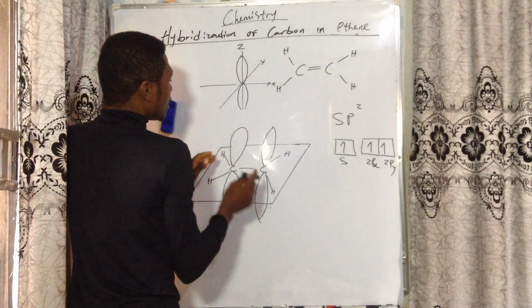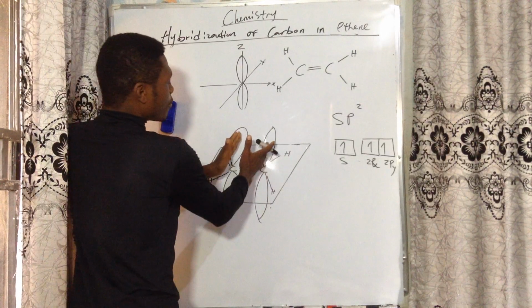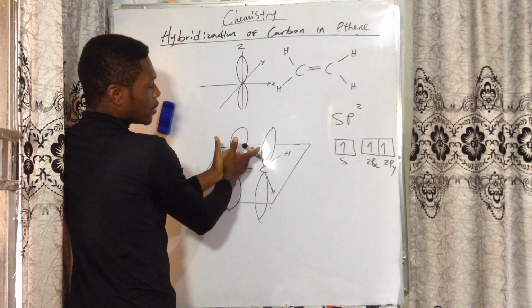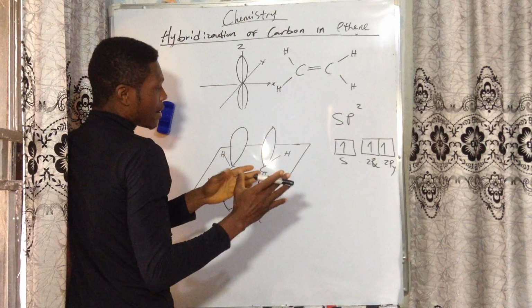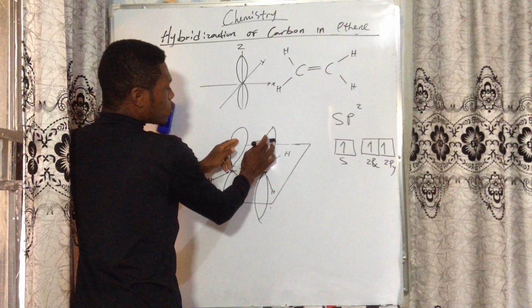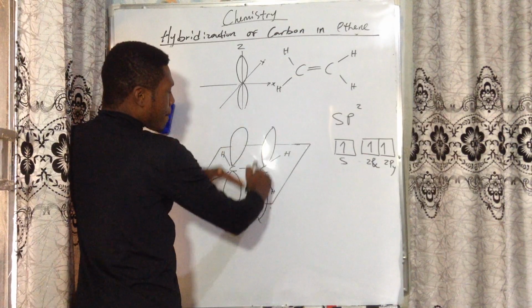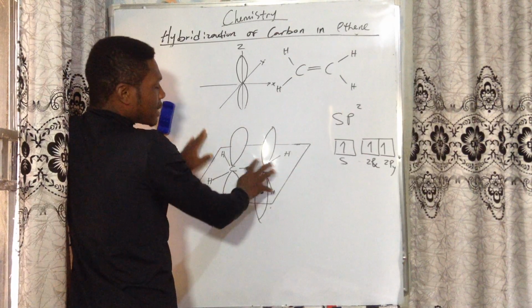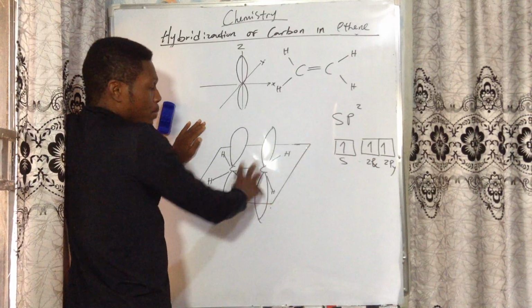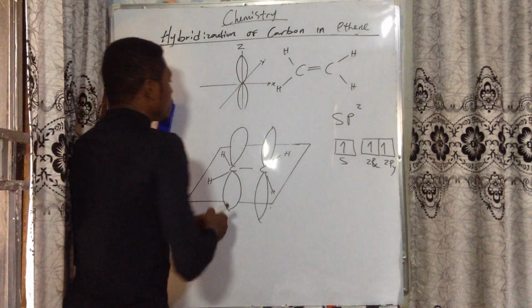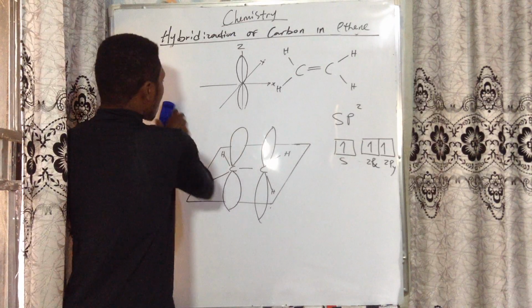Now, remember, they will overlap by the side. Do you understand? That is what we call collateral overlapping. This one will overlap with this one, above and below the plane. That is the orbital plane. So now they will come together to bond.